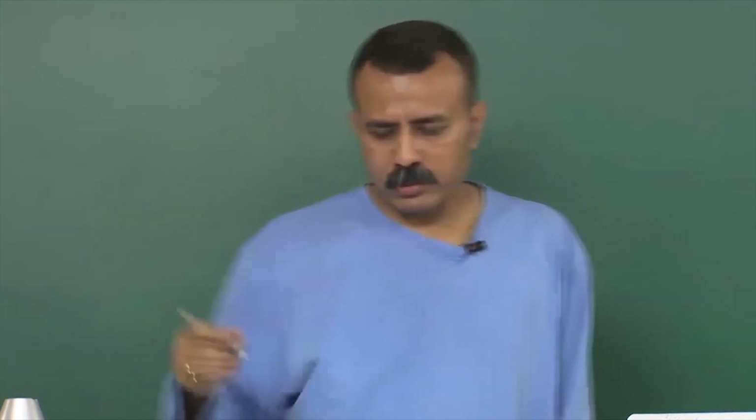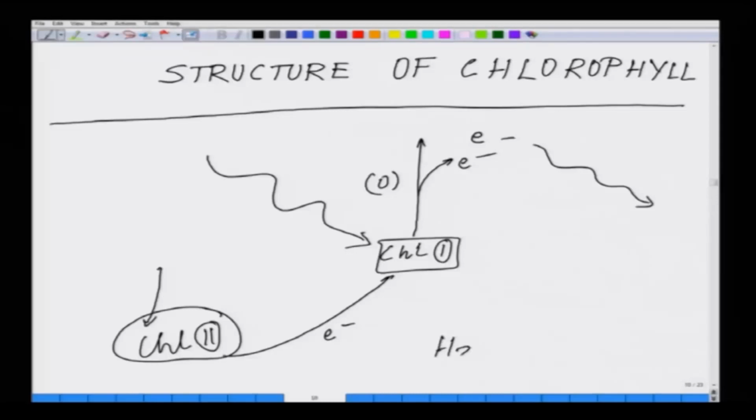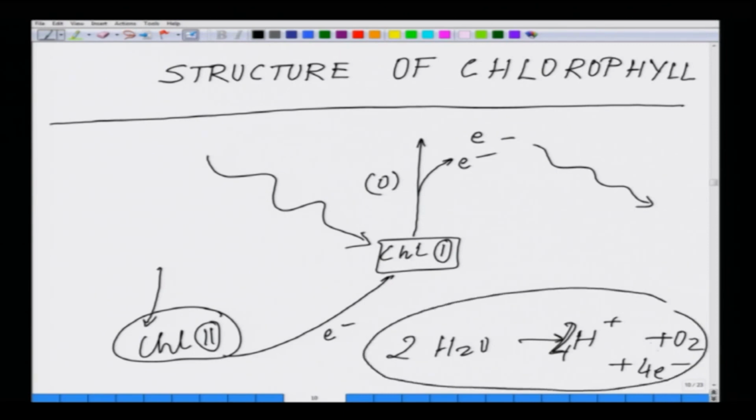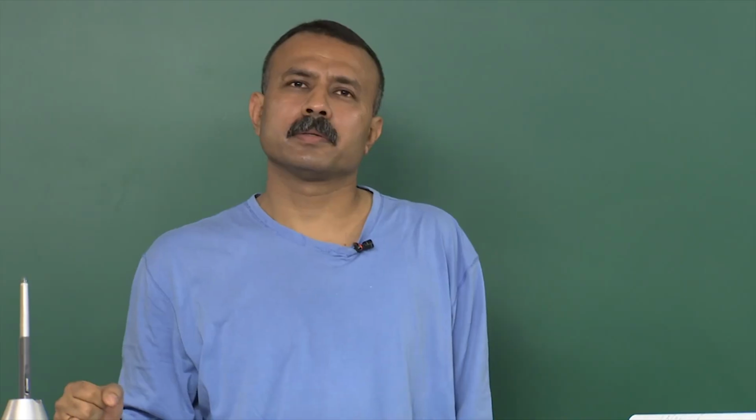What essentially happens is something like this: you have the water molecule, plus electron, OH plus. This is pretty much what is happening, and these electrons you are seeing are the ones which eventually bring that chlorophyll back to its ground state.